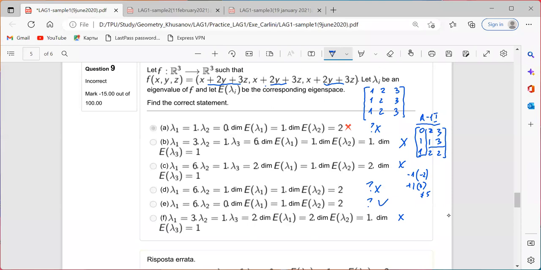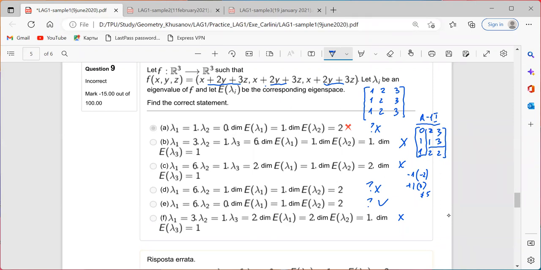You don't need to consider it, just check if E really is the correct answer. We can check if you want. I think on the exam you will have no time to check this kind of thing. But if you need, you can do it. 6 will be an eigenvalue.